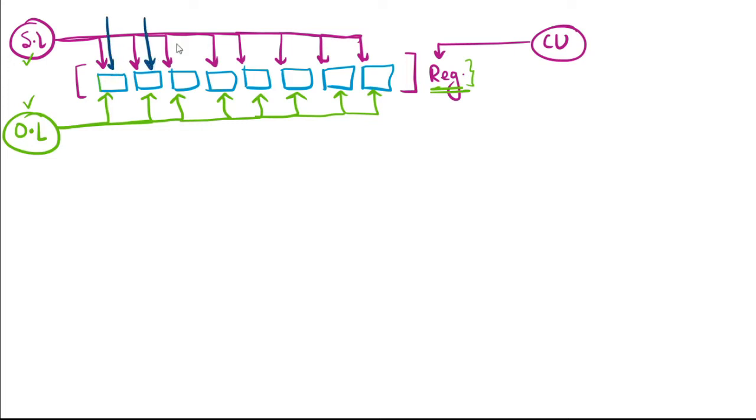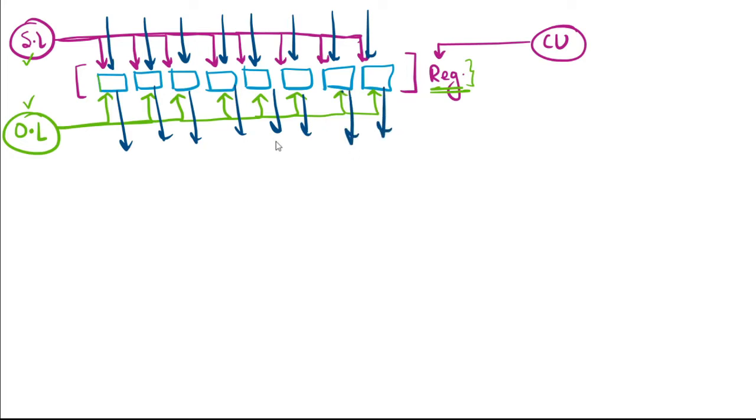Now how will the input and output work? Each binary cell will get one bit of information as input, and it will give one bit of information as output. Now what is the sequence here? Suppose it is an 8-bit register.